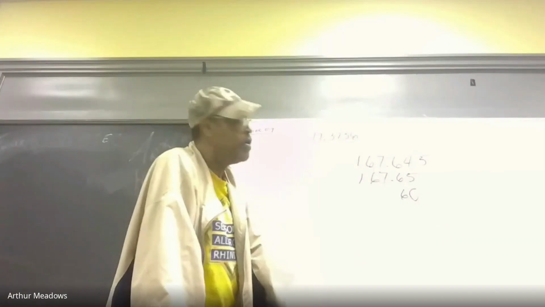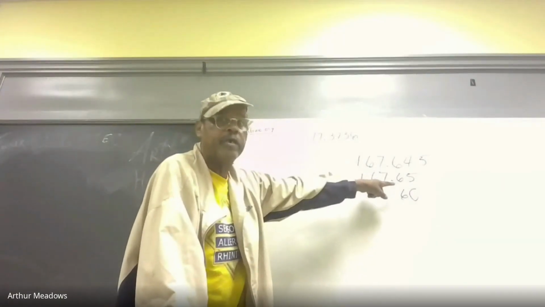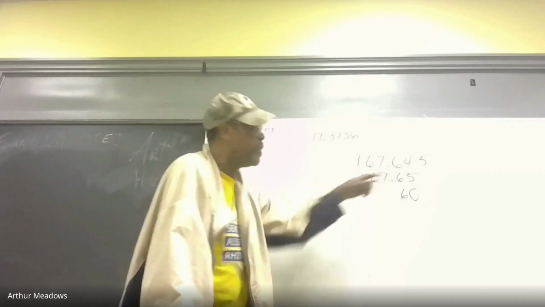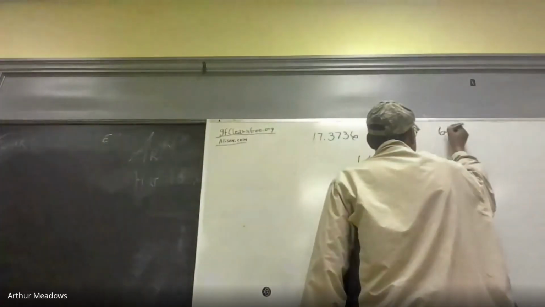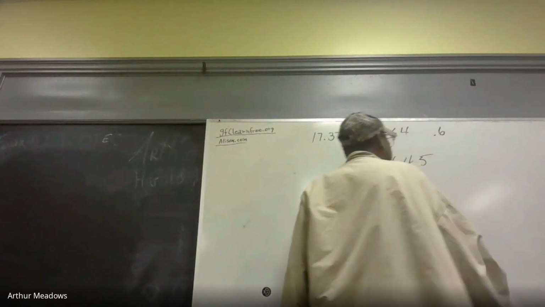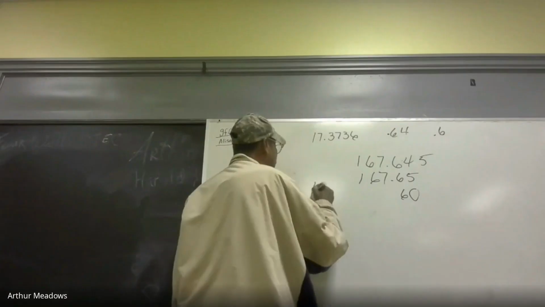Okay. We already know what the formula is, right? So you understand the formula? This is the hundredth. That is the tenth. So it's the number after the hundredth that you're going to look at to see what it is.